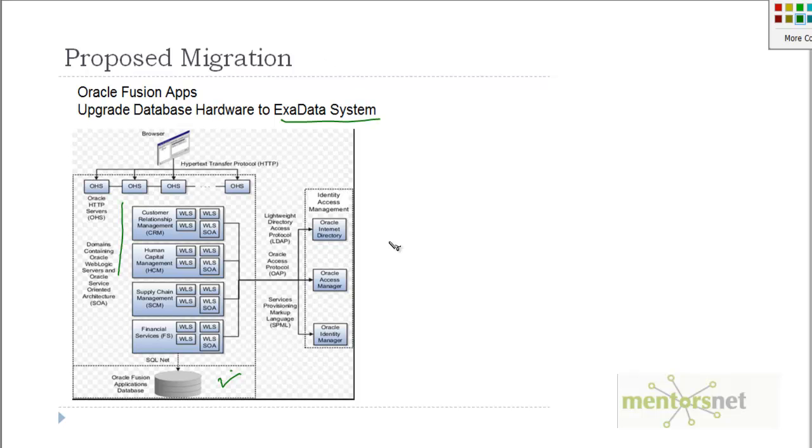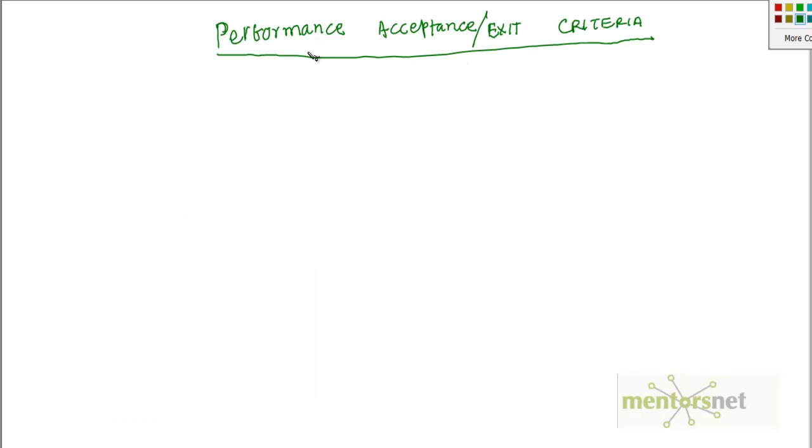Before you start the actual testing, you should set a goal. What is the exit criteria? How do you exit from this project? That is what we call performance acceptance or exit criteria.